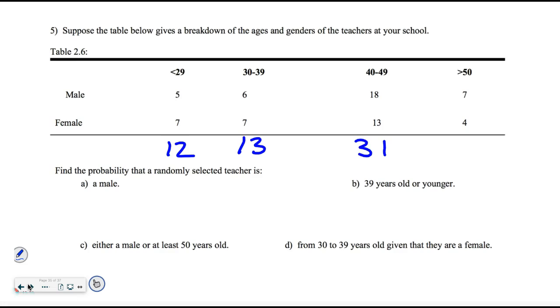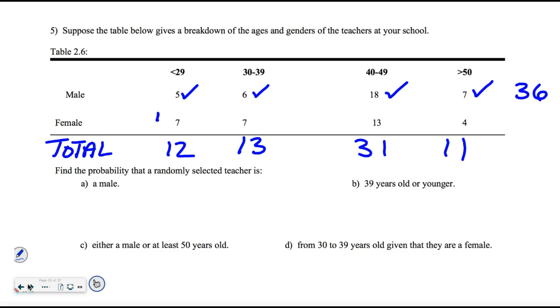And then we're going to add up. Champ, 5 plus 6 on the calculator, plus 18 plus 7. We're getting our totals. 36, he says, and I'll be able to check if he's right in just a second.